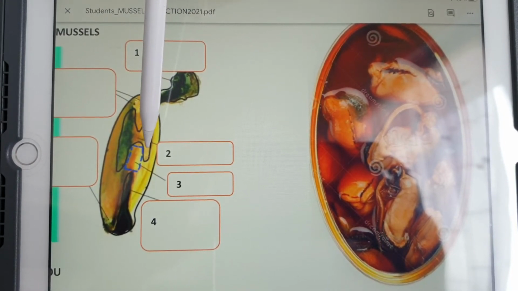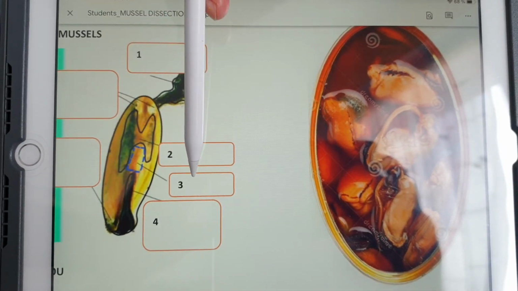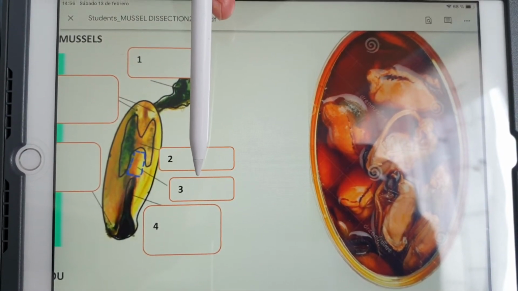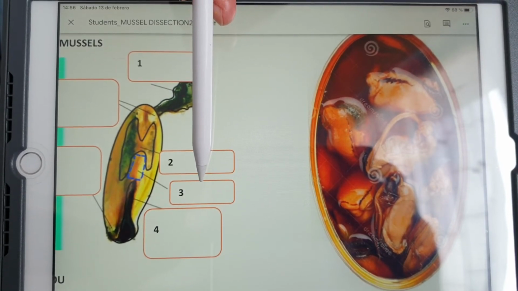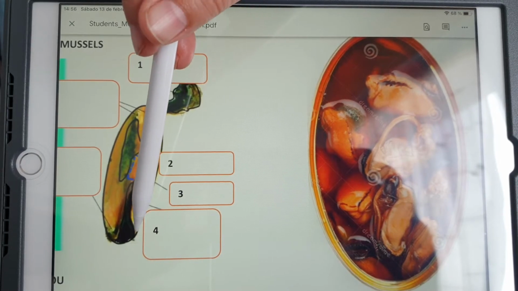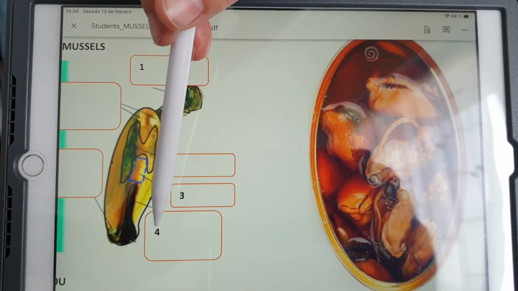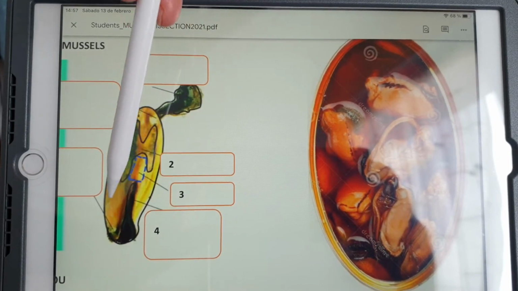Below, under the H, just in this area, in the number 3, now we know that is the heart. The black edge is the edge of the mantle, where they have cells to detect the light and darkness.